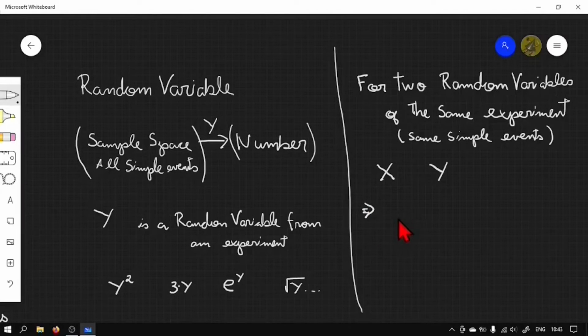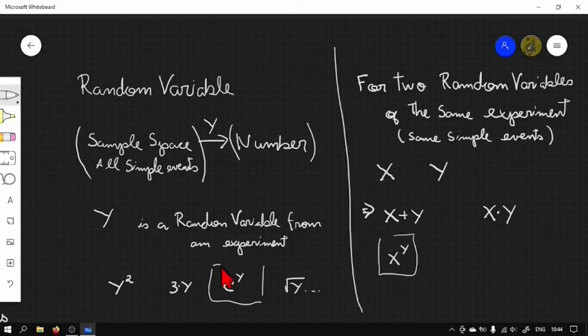For example, x plus y, x times y, x to the power y. These are things that I haven't seen a use for yet. Maybe when I study more, I will see something. We can also define 3x plus 2y, and we can change these two numbers, and so on and so on.